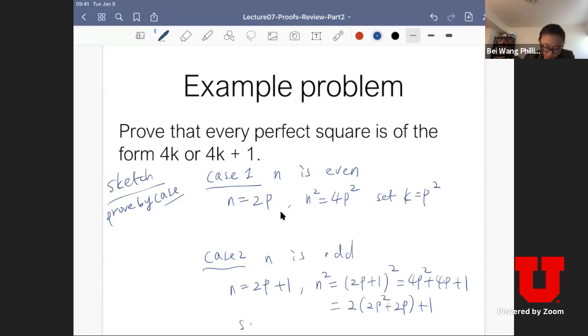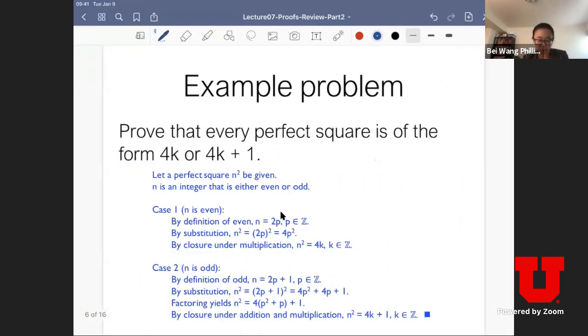So we can set k equal to 2p squared plus 2p. The last step is to show that k is an integer, which is by the closure property of integers. So this is just a sketch of the proof.